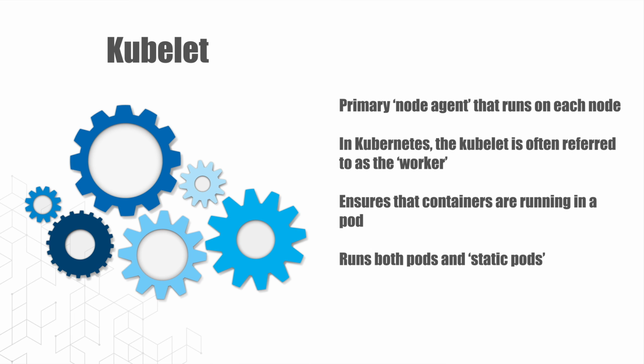The kubelet is the primary node agent that actually runs on each node, and in Kubernetes, the kubelet is often referred to as the worker. It ensures that containers are running in a pod, and as we actually have seen here, it runs both pods and static pods.